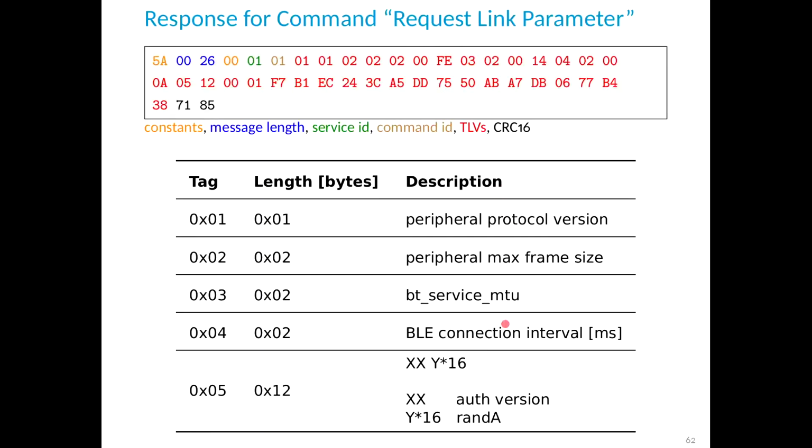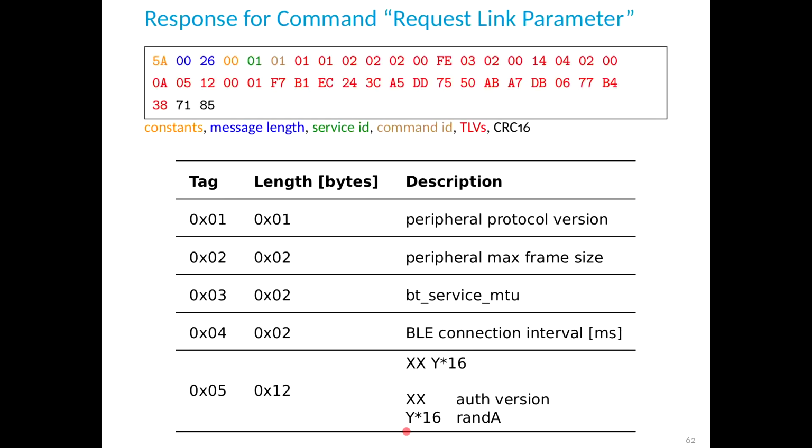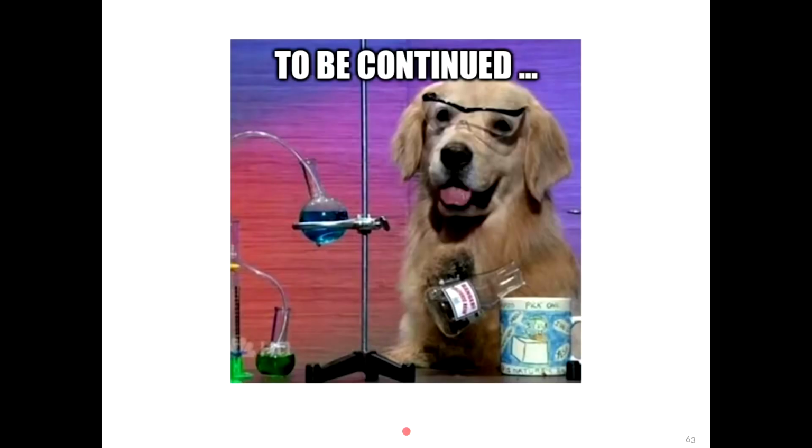And so on, and so on. It sends you an authentication version, and it sends you some random data. The next step would be that the watch uses this link parameter to create some authentication between the smartphone and the watch, but that's a topic for another talk.